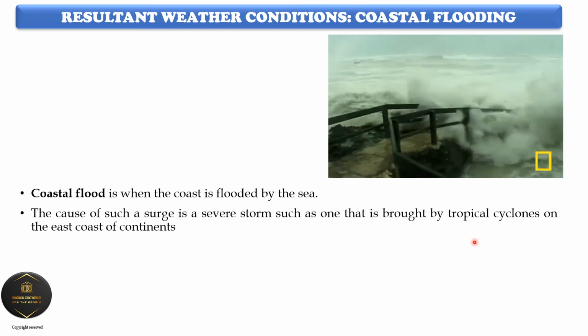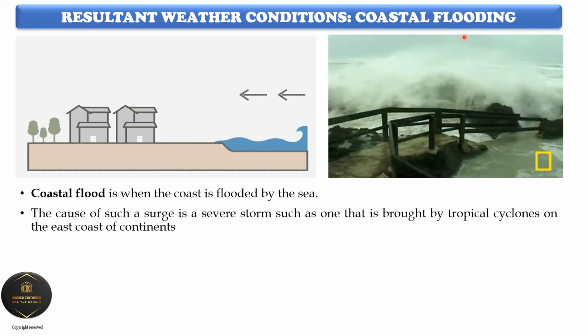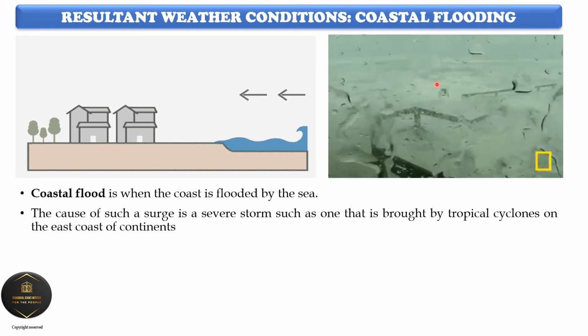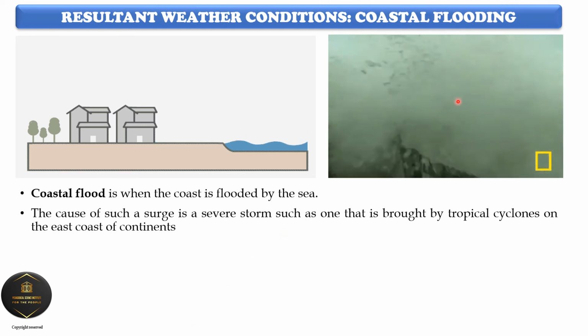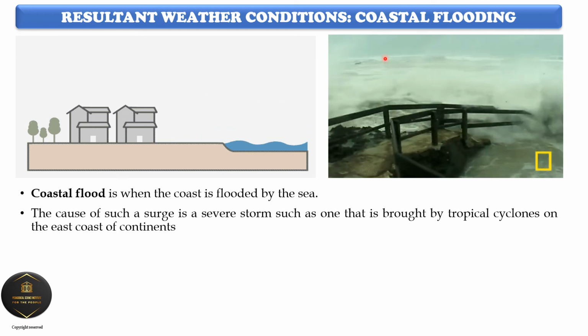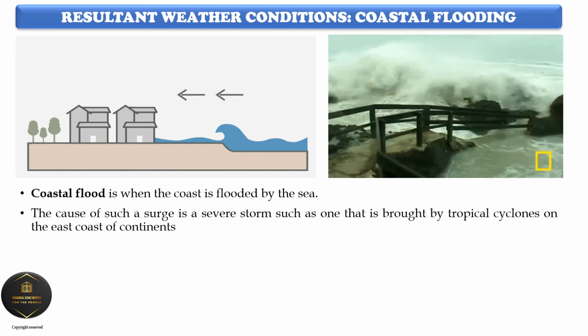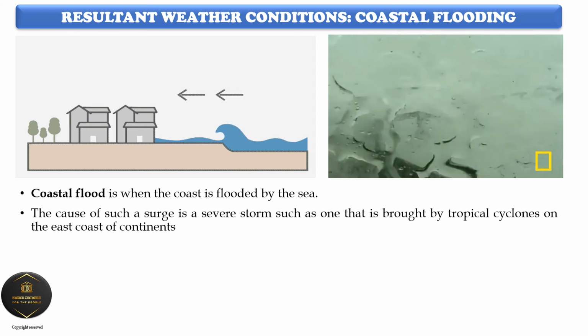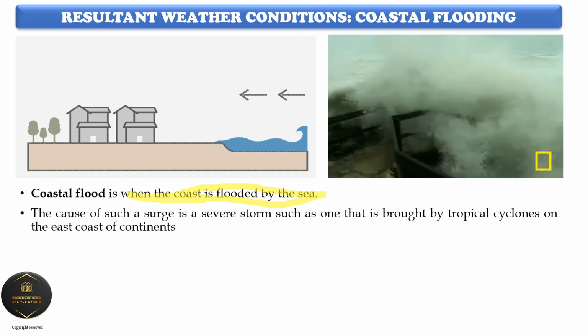And then coastal flooding. So let's just look at coastal flooding. So remember, coastal flooding may be as a result of storm surges. So the animation that we looked at in the previous picture was showing us exactly that. It's here now. By definition, coastal flooding is when the coast is flooded by the sea, right?